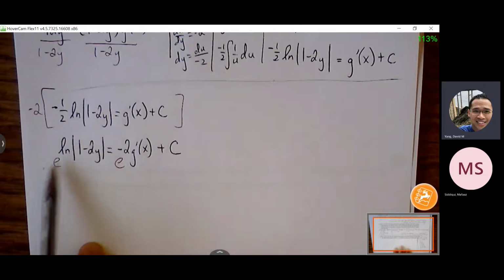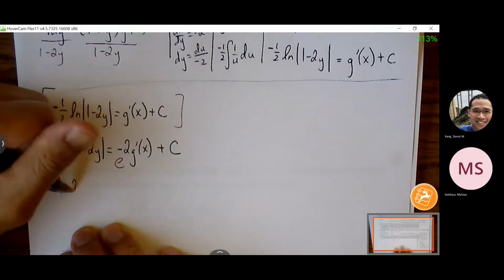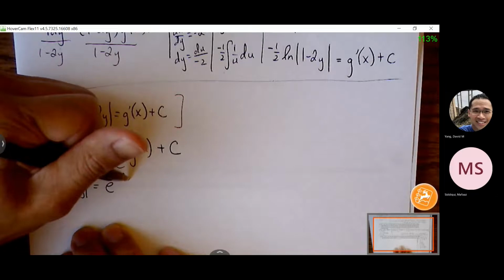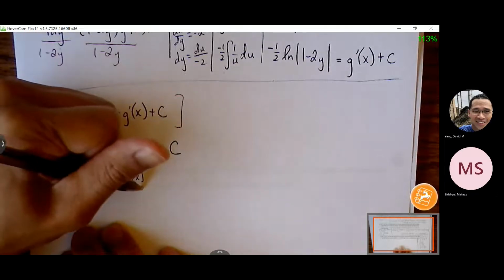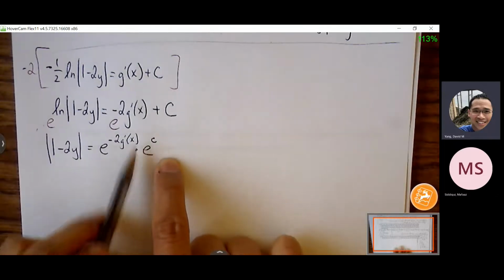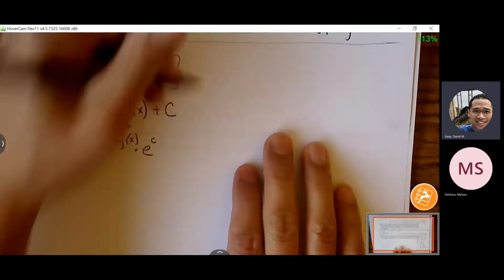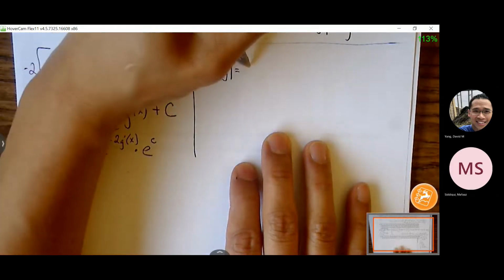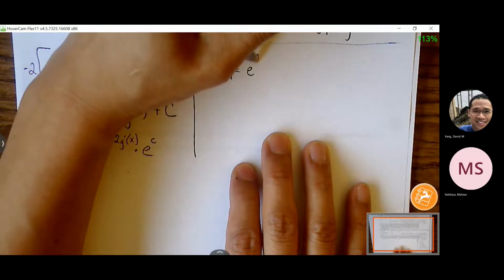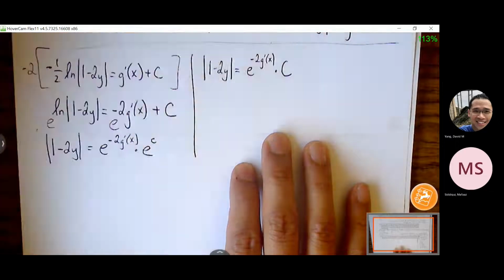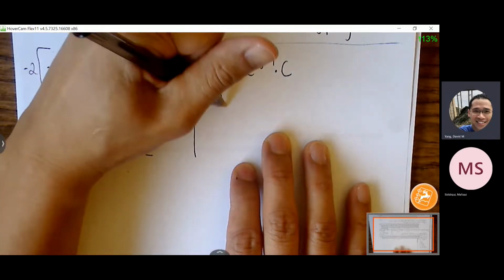We want the e and natural log to pair up so that we can get these to go away. E to the c is just one big constant. Hold that constant in front. Drop the absolute value.